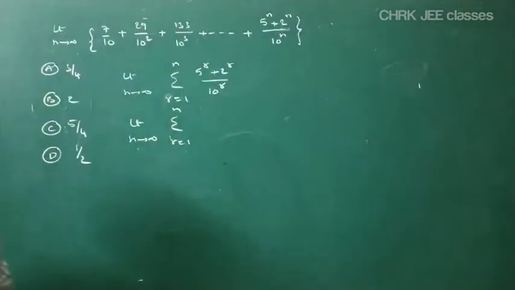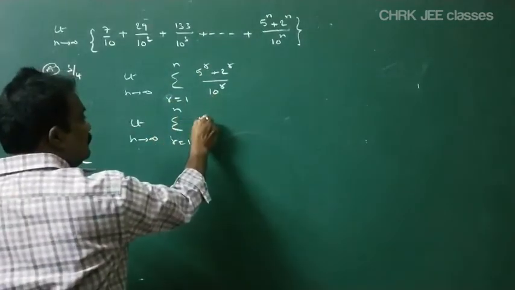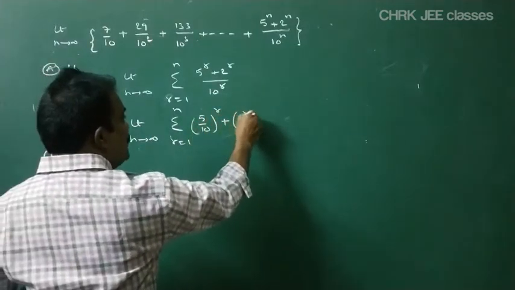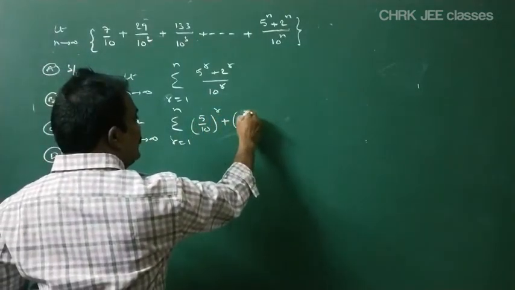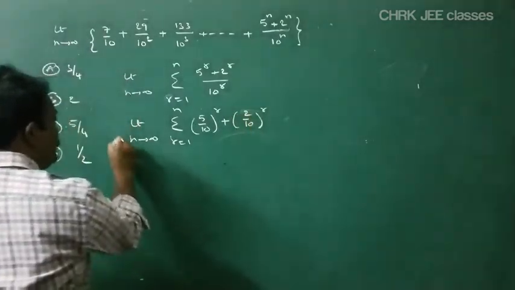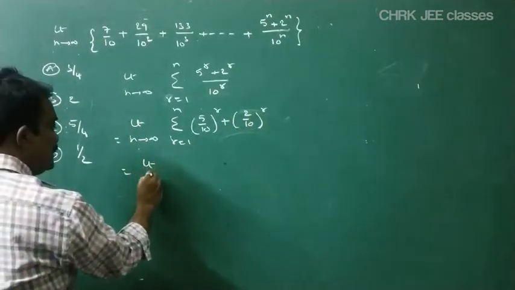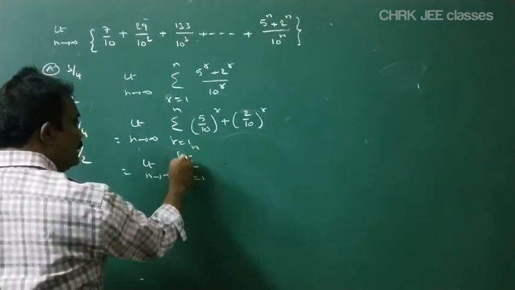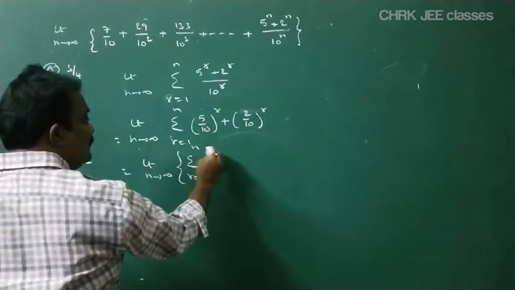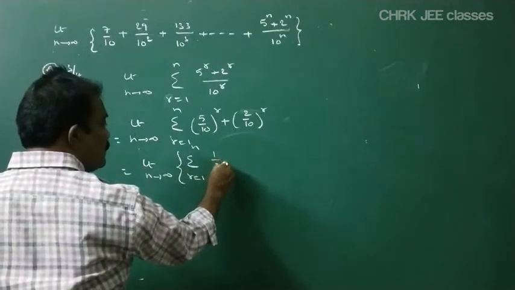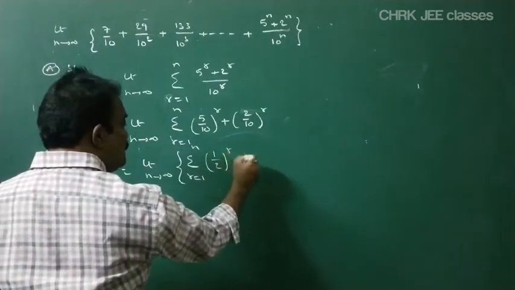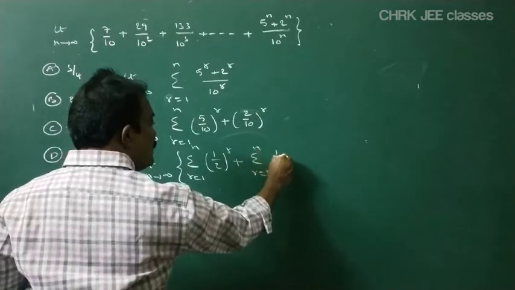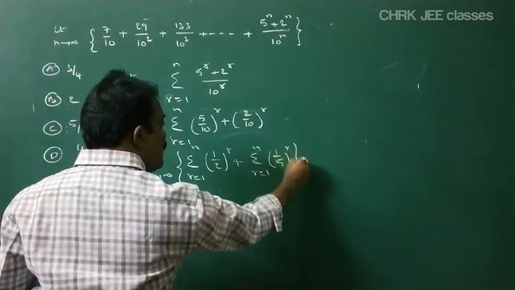By splitting this one, 5 by 10 whole to the power of r plus 2 by 10 whole to the power of r. That equals limit n tends to infinity sigma r equal to 1 to n, 5 by 10 that is equal to 1 by 2, 1 by 2 whole to the power of r plus sigma r equal to 1 to n, 1 by 5 whole to the power of r.